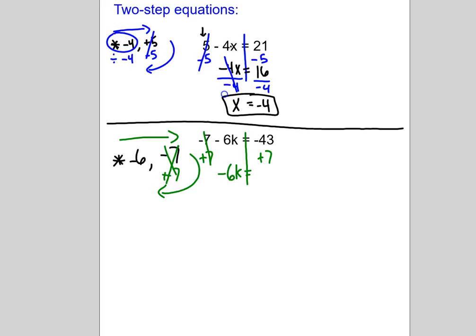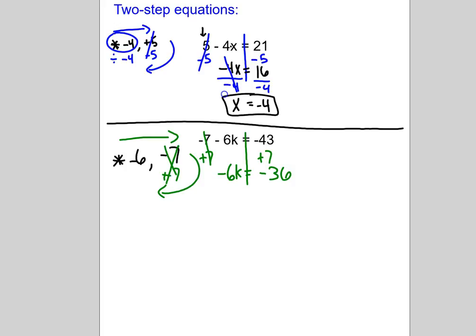Well, -43 is way bigger than 7, so we know our answer is still going to stay negative, and we're going to dip down into the 30s when we add that 7. You're technically just finding the difference of those numbers and giving it the bigger number's sign. In this case, 43 is bigger than 7, so it gets the negative sign.